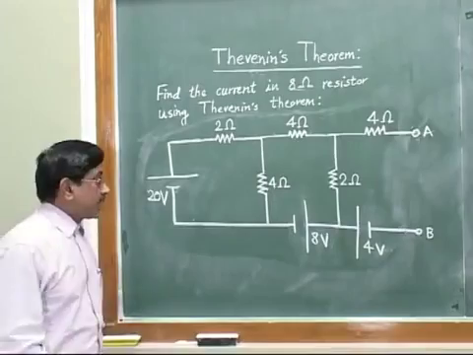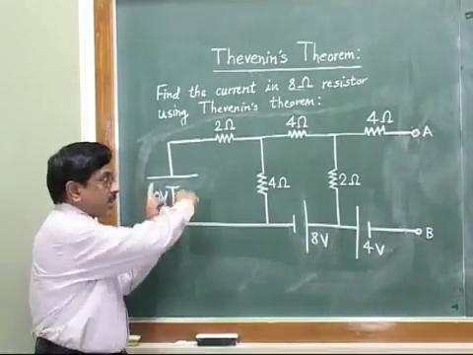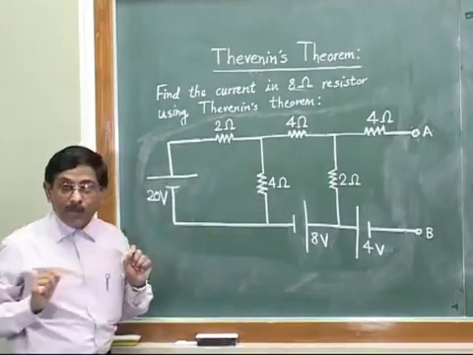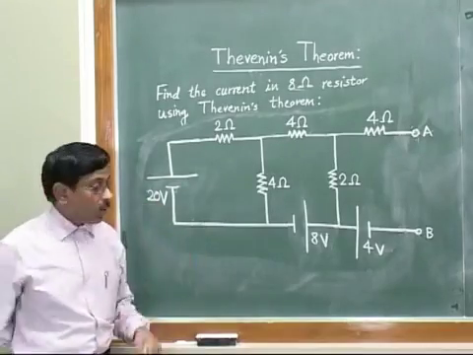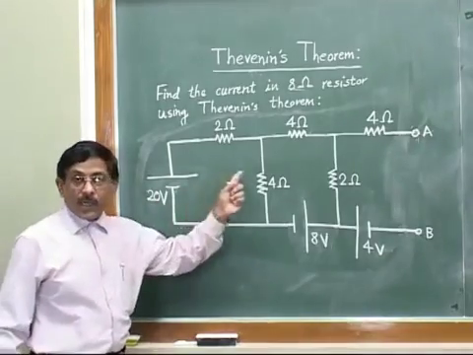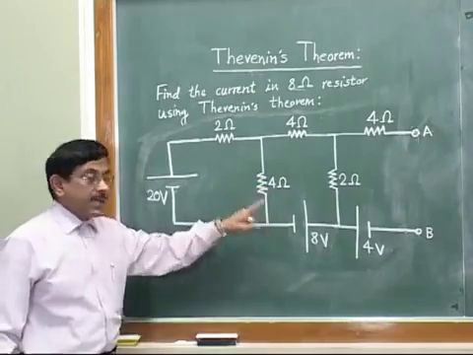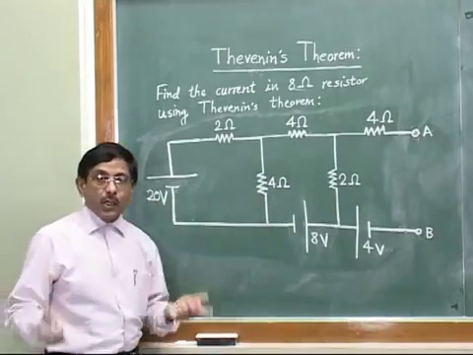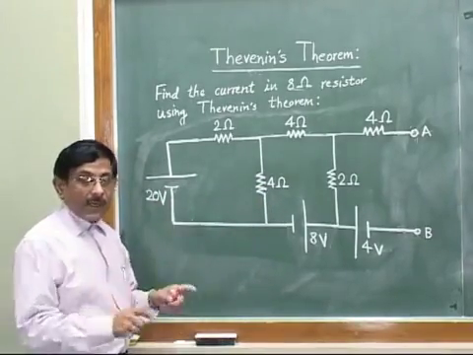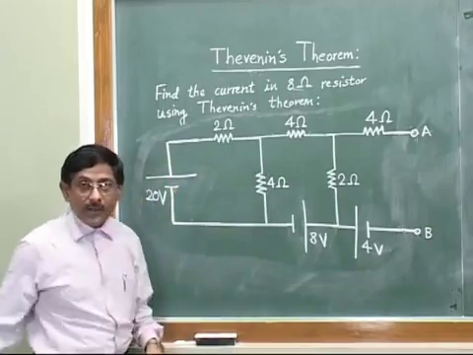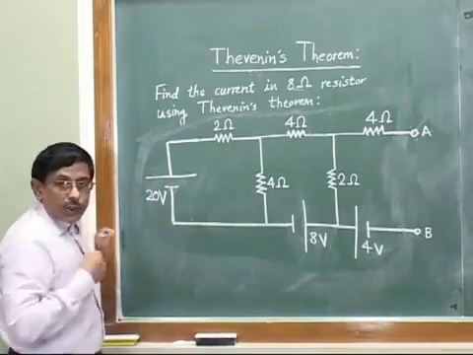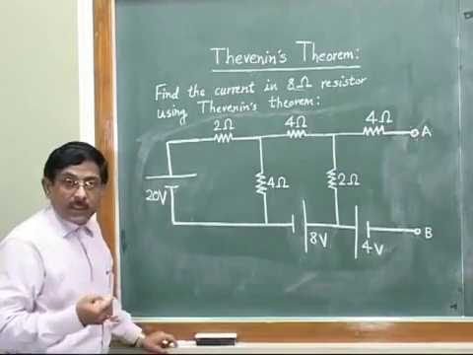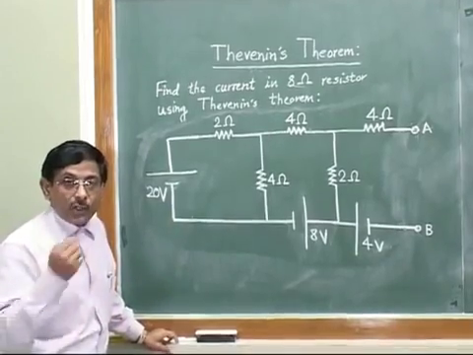Step 2 is to distribute the currents in the circuit that we have obtained after removing the load resistor. Distribute the various branch currents, then write different loop equations using Kirchhoff's law, and finally find the currents that we have distributed. For example, now I assume that you have seen the earlier video on using Kirchhoff's laws.